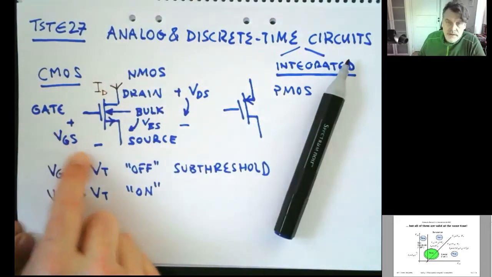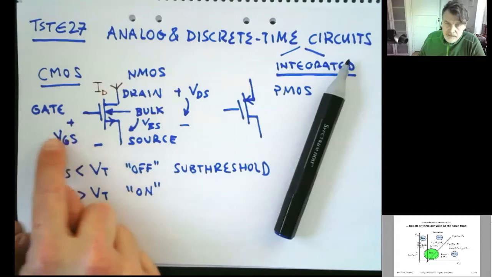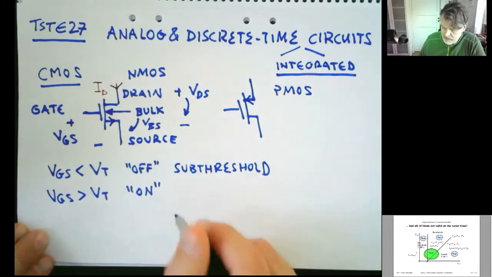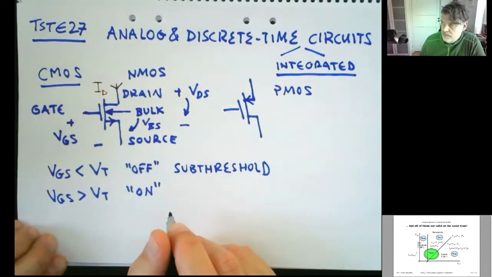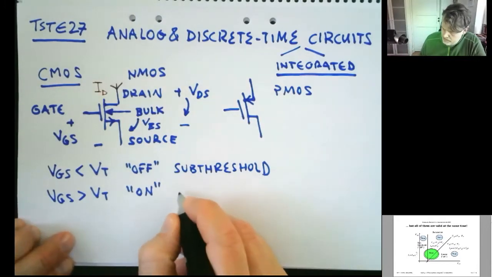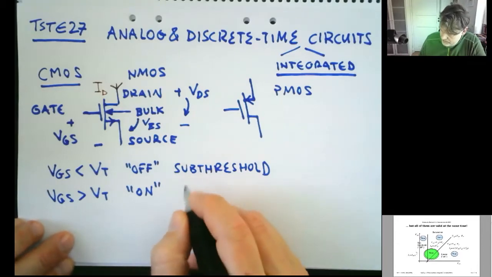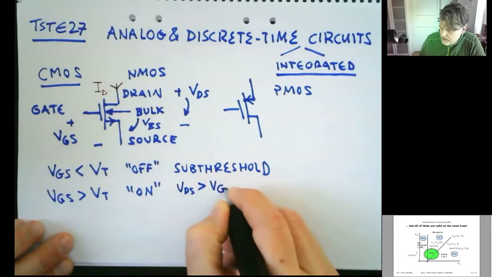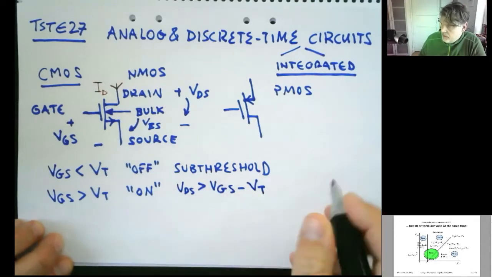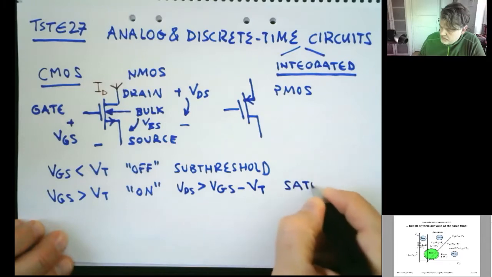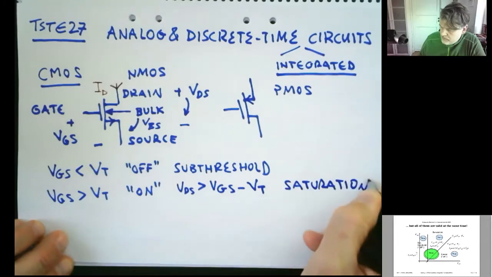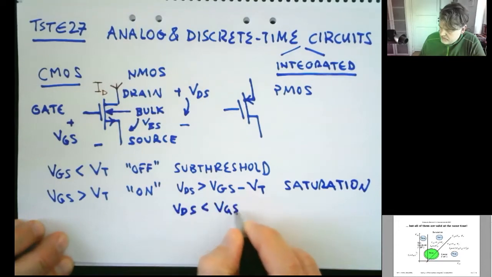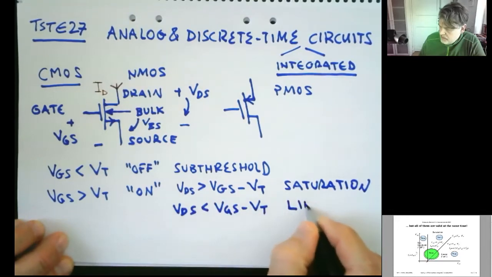If we go from the VGS, we have a big electrical field in that direction. And they have some different implications on the behavior of the transistor. So we recognize that if VDS is larger than VGS minus VT, then we are in the saturation region. If VDS is less than VGS minus VT, we are in the linear region.